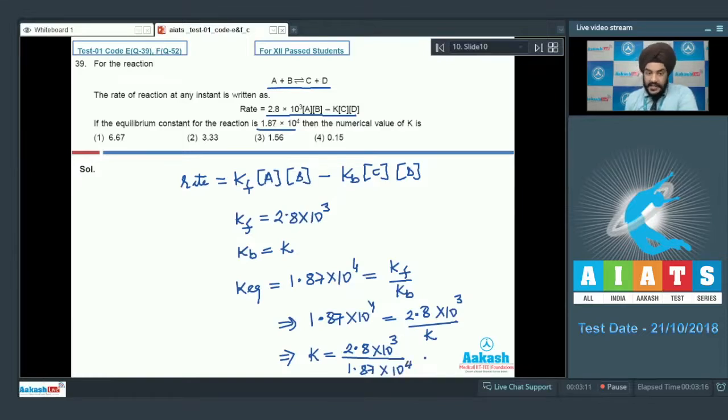Students, we can see that this is going to have a value less than 1. So its value is 0.15. So the correct answer for this question is option 4.